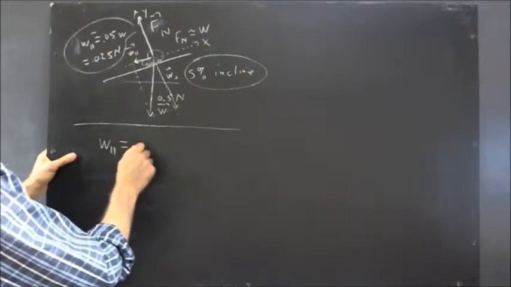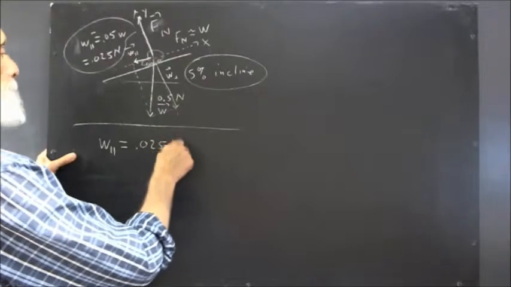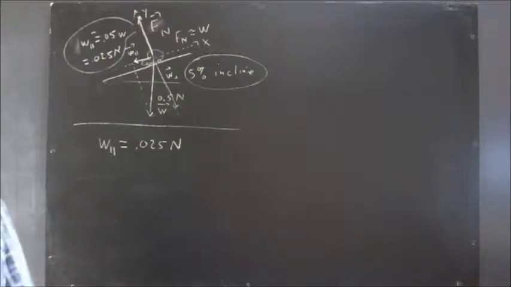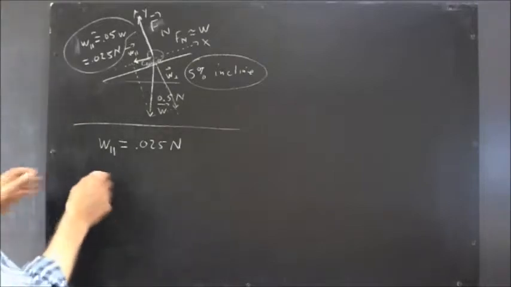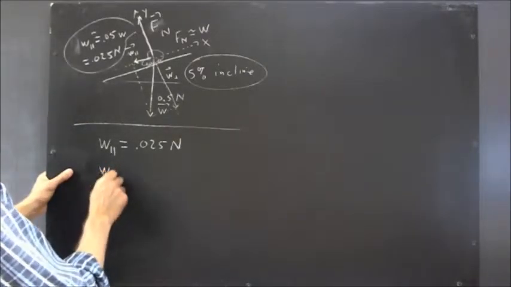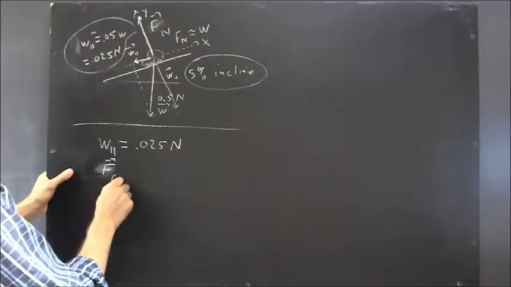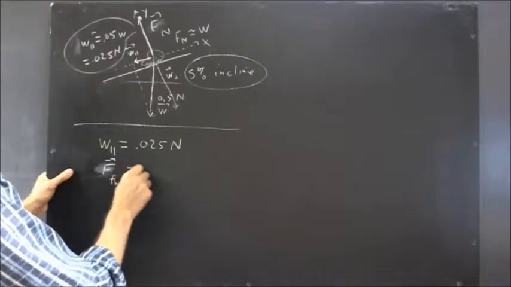So anyhow, we got W parallel equals 0.025 newtons, and we have, and I have to flip back here for a second, excuse me, where in the world is it? Okay, I think we had a 2% coefficient of friction. I just want to double check that. Yep, 2%. I had to flip over in the computer there for a second. So that force of friction equals what?